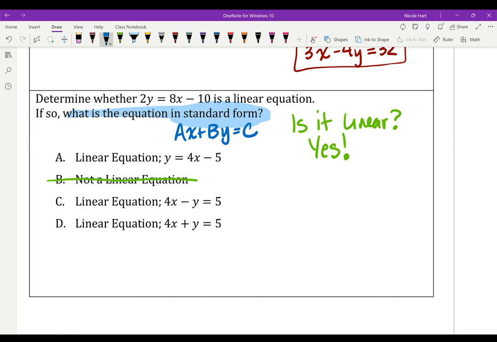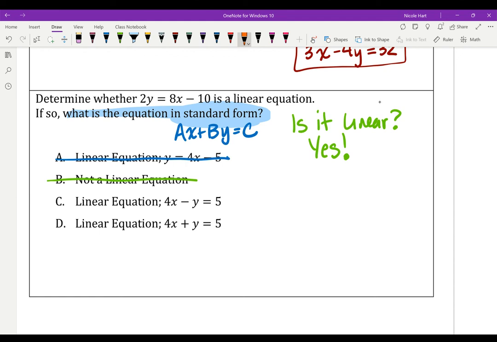One is not, and that would be A. A is not in standard form, so it is not a valid answer choice. So we are left with C and D as our possible answers. C says 4x minus y equals 5, and D says 4x plus y equals 5.